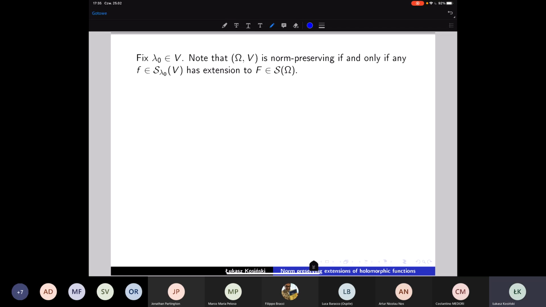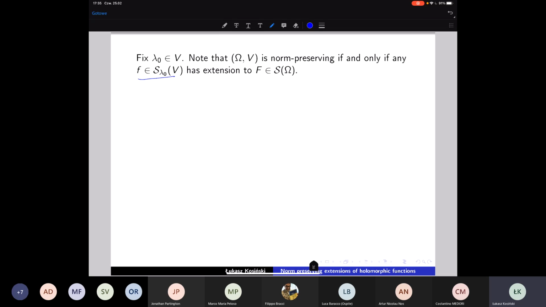Okay, so first note that omega, V is an NP pair if and only if any function that vanishes at this point can be extended to a function in a Schur class.